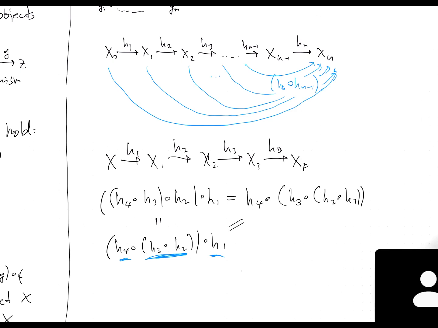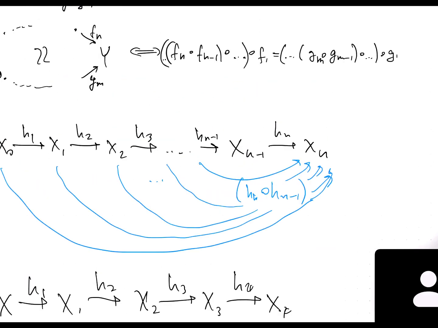And so you see, I've got 2 ways of putting brackets on these 2 sides, and the expressions end up being equal. And in fact, the same is true if I have any longer composite, and any ways of arranging brackets, any 2 such ways will always be equal to each other, and that I can deduce from the associativity axiom.